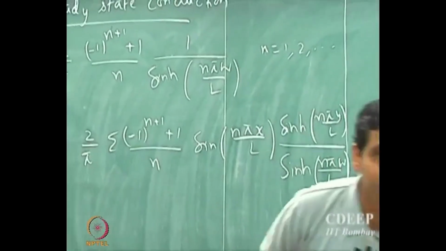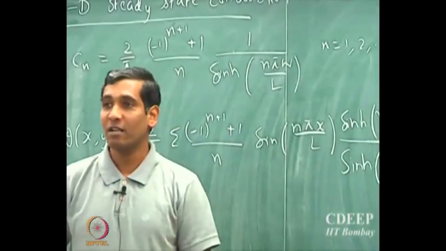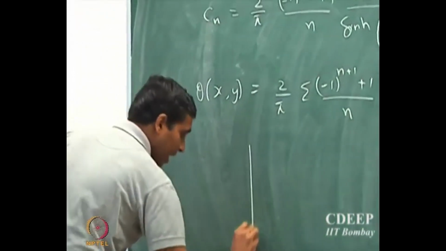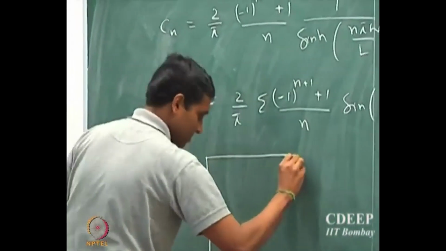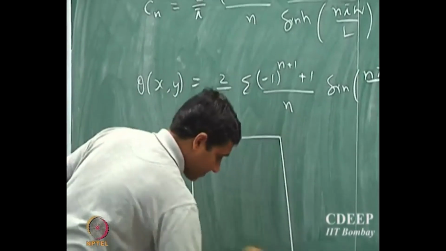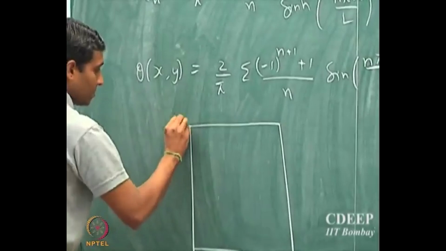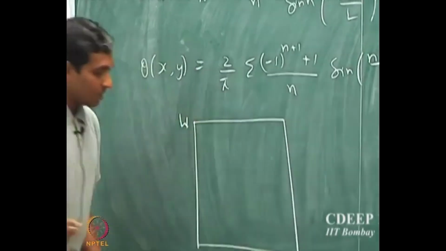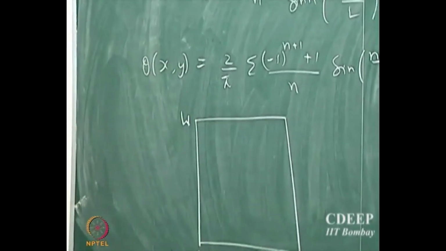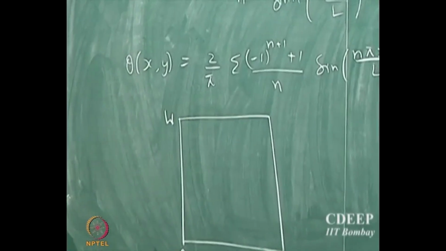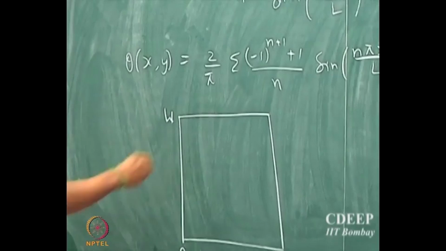So let's just quickly look at what the temperature profile is and discuss it a little bit before we march forward into the next topic. Okay. So 0 to L is the length in the x direction and 0 to W is the width in the y direction.